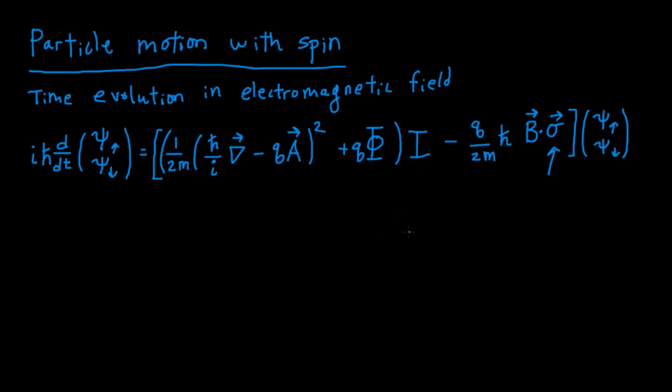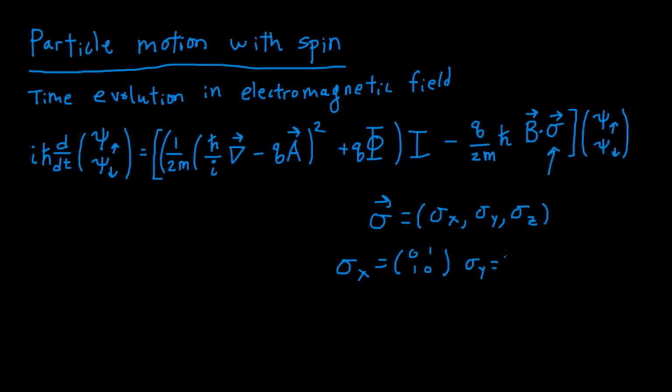So remember that this sigma with a vector is just a vector of matrices, sigma sub x, sigma sub y, and sigma sub z. This is just some notation where sigma sub x is the first Pauli matrix, 0, 1, 1, 0. Sigma sub y is the second Pauli matrix, 0, negative i, i, 0. And sigma sub z is the third Pauli matrix, 1, 0, 0, negative 1.